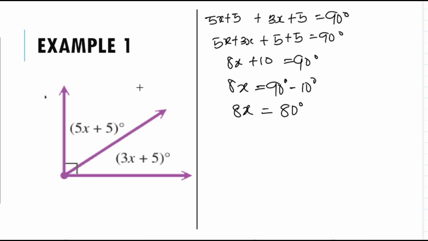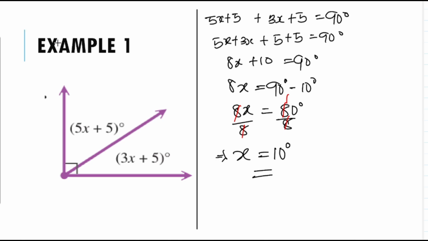If we divide both sides by 8, you can see that 8 will cancel 8, and here we have 1. So we have x equals 10 degrees. Then we can find the measure of the size of the angles.